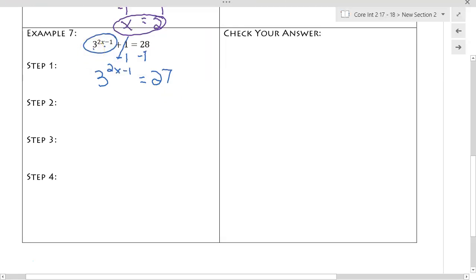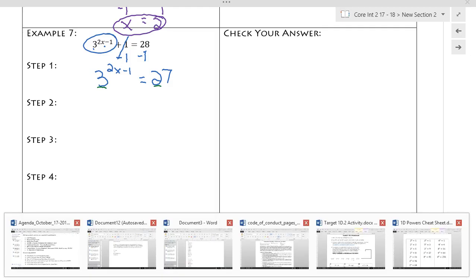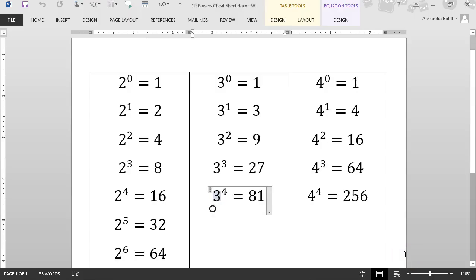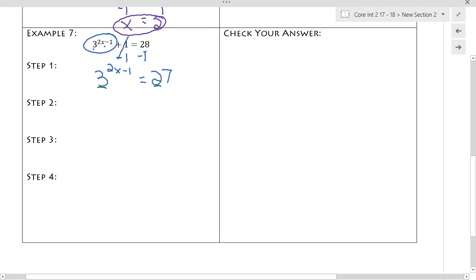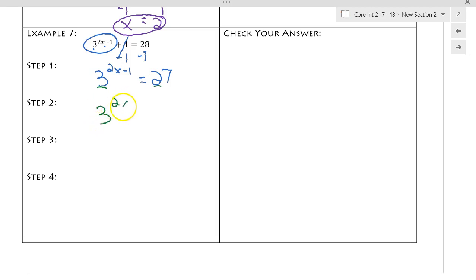Step 2, write them with the same base. I have a 3 and a 27. Looking at my powers cheat sheet, I have 3 and 27 in the same box. 3 to the first, 3 to the third. So again, I don't ever write that 1 exponent, so 3 just stays the 2x minus 1. 27 becomes 3 to the third.